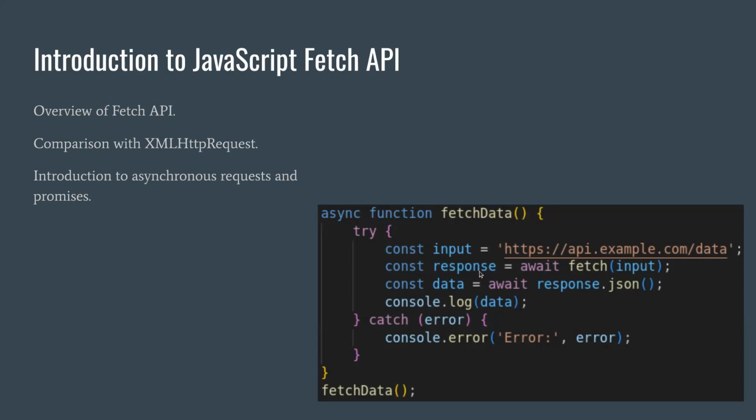When you have the response, by calling the JSON method, you can convert that into data, and you will be able to console log the data. If there was some issue with the API endpoint not being valid, or some issue with the server, you might get an error message with console error.